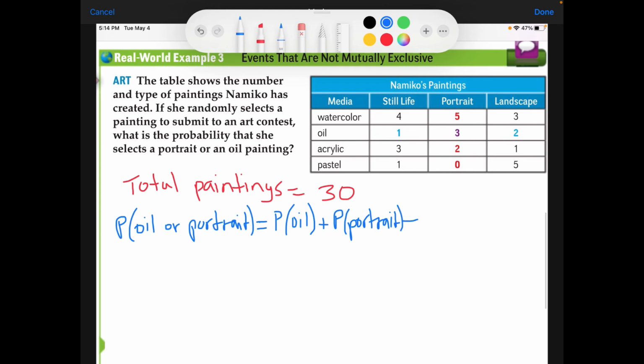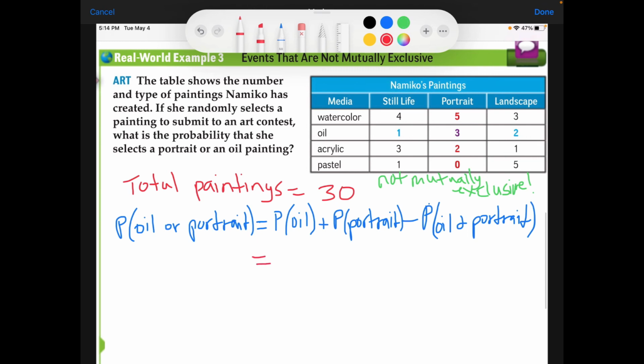Then we're going to subtract their intersections. So the probability of oil and portrait. Okay, we're using this formula because that's not mutually exclusive, and I should probably write that too. Not mutually exclusive. Okay.